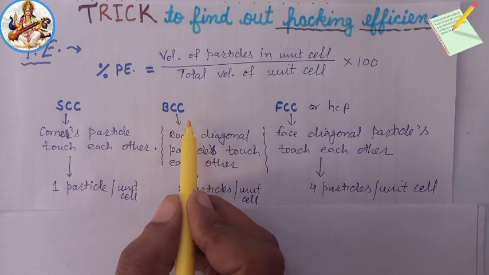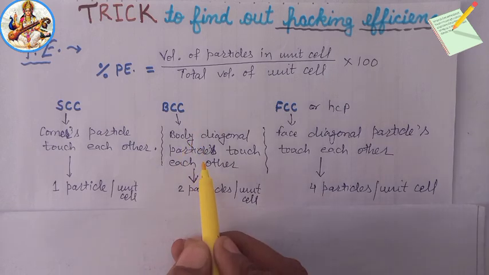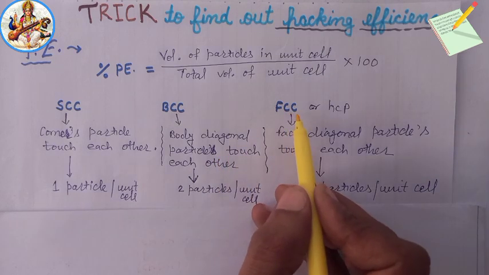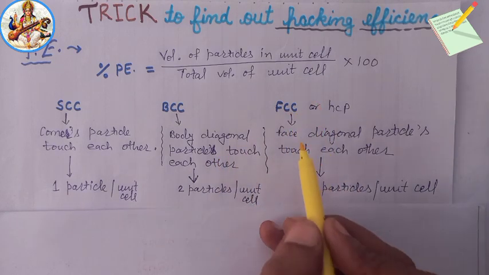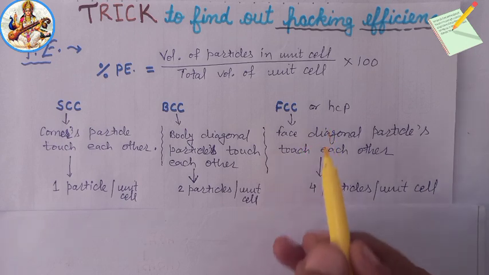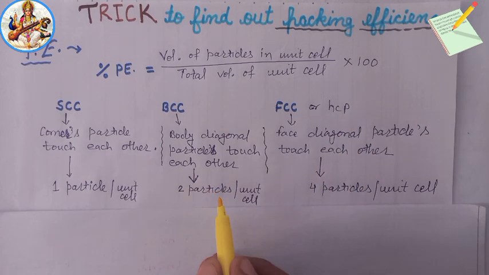In BCC, particles present on the body diagonal touch each other, whereas in FCC or HCP unit cell, particles present on the face diagonal touch each other. What is a unit cell and its type? I have prepared a video on unit cell. If you didn't watch the video, please watch it.